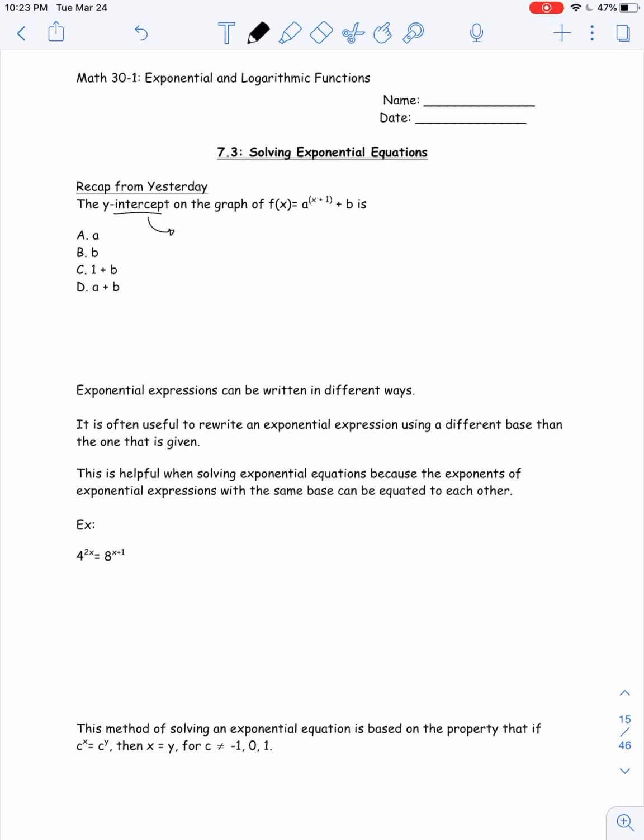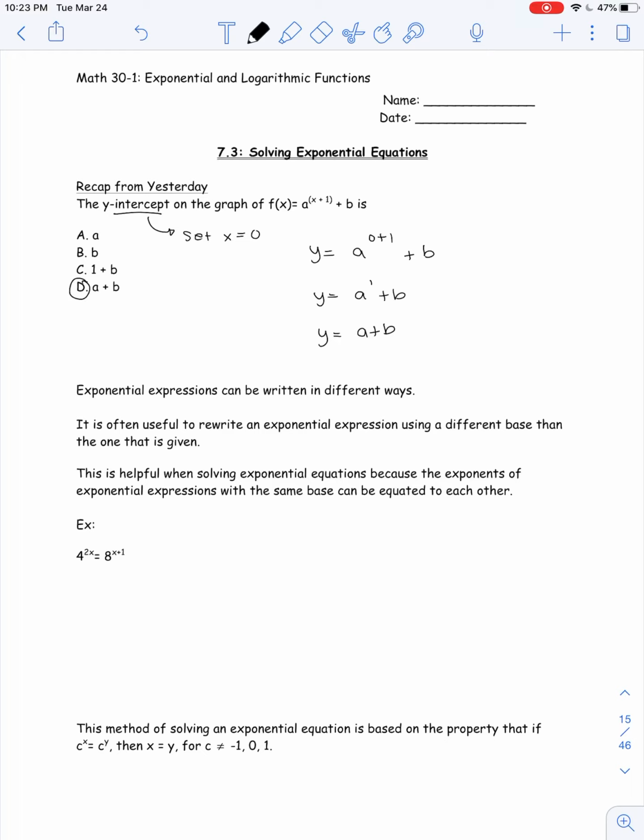Whenever you're trying to find the y-intercept, you set x equal to 0. So I'm going to write y equals, instead of f of x, a to the power of 0 plus 1, and I still have this plus b. Well, 0 plus 1 is equal to 1, and so y is equal to a to the power of 1, which is a, plus b.